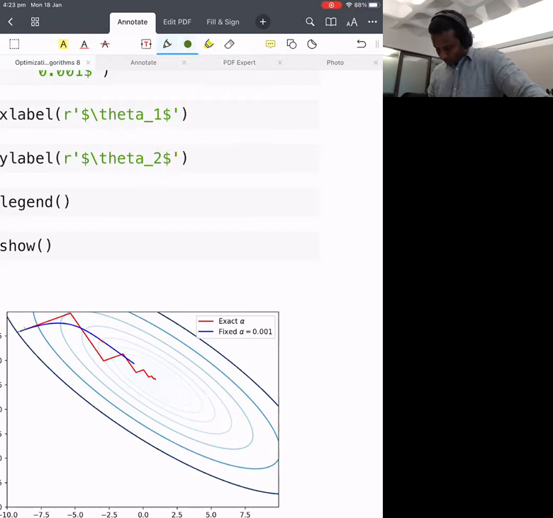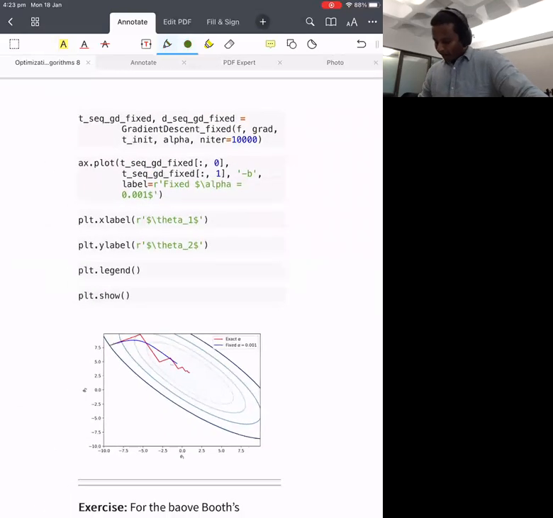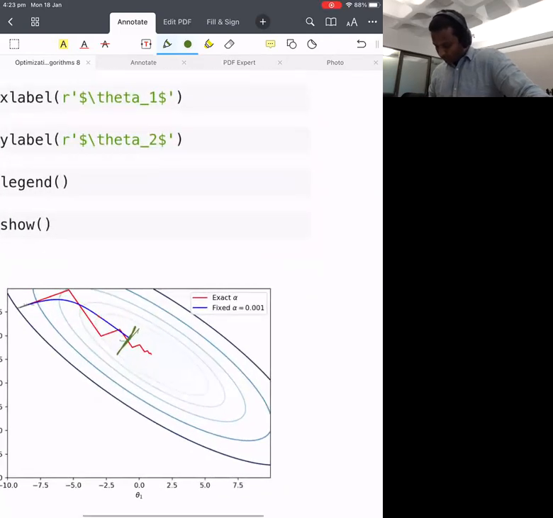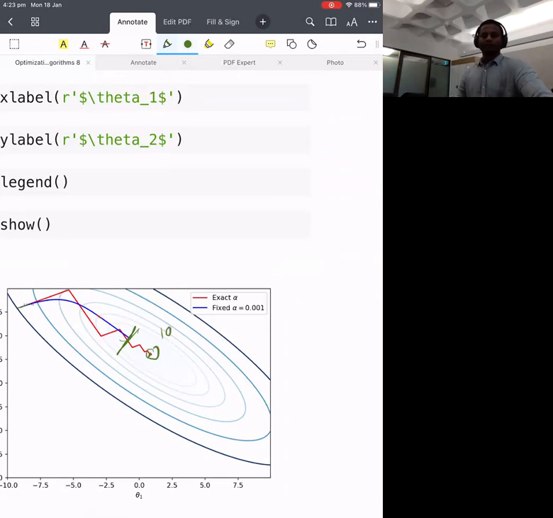This blue curve is converging, but I had to use 10,000 iterations to come to this point, which is still far from the optimal value. Whereas for exact line search, I was already here after 10 iterations.